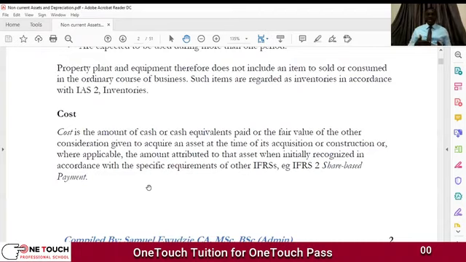So that's why I say that it is the amount of cash or cash equivalents. We may have some investment somewhere, and may use the investment to pay for the item. It's a cash equivalent. Cash equivalents are term deposits that are readily convertible to cash.